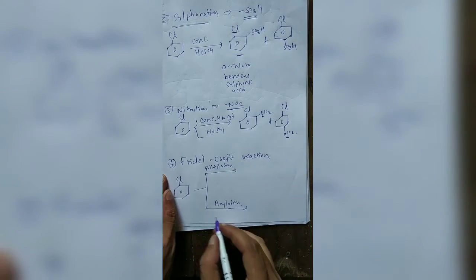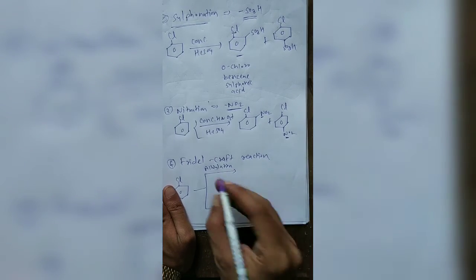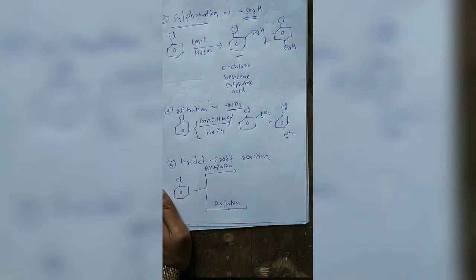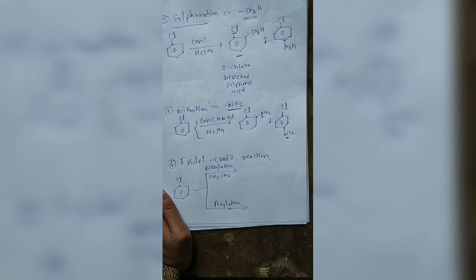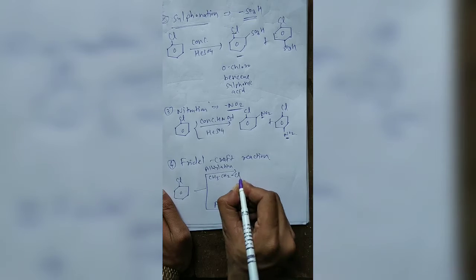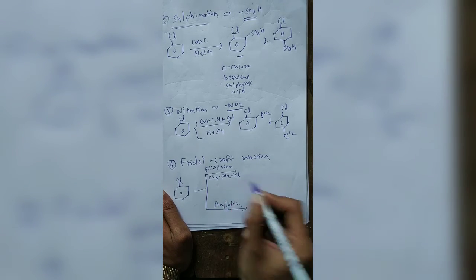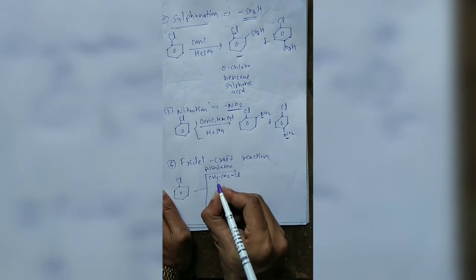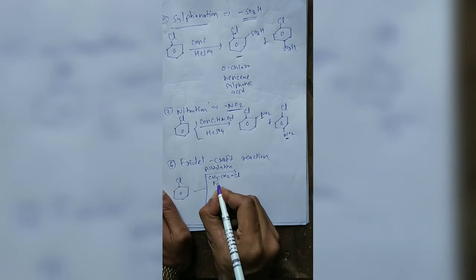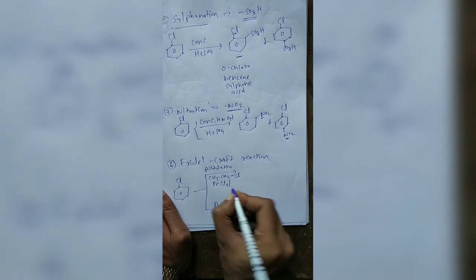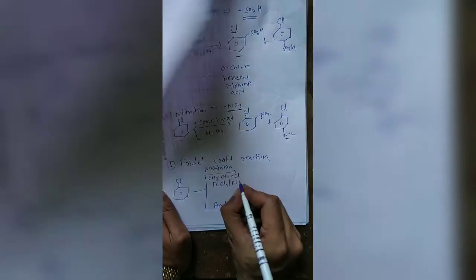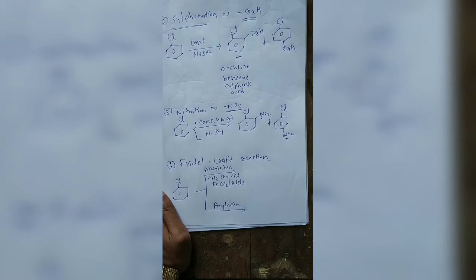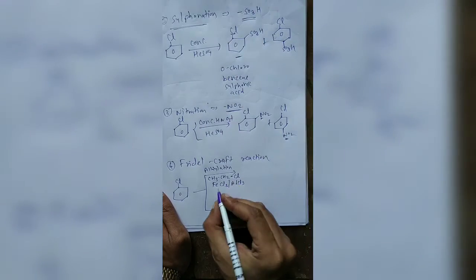Okay, now suppose we want to enter an ethyl group in the starting material. Ethyl group means CH3CH2 group. If I want to enter this group into the starting material, I have to take this starting material and add chloroethane to it. The catalyst is FeCl3, or you can take AlCl3, but that must be anhydrous.